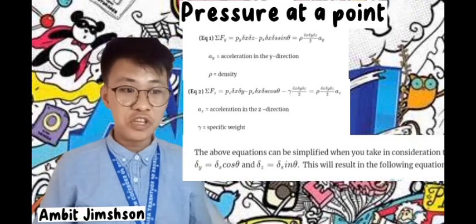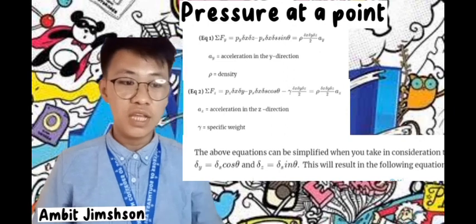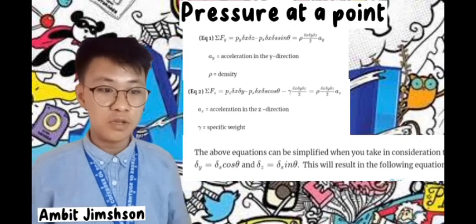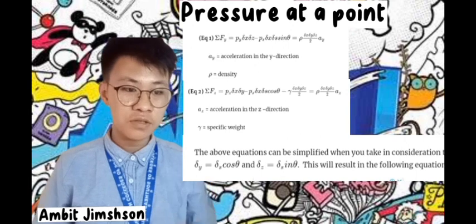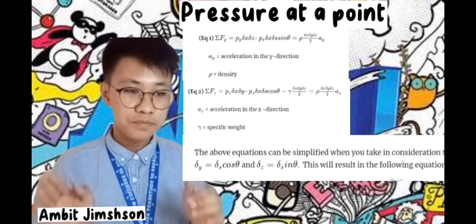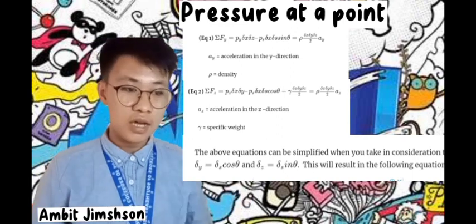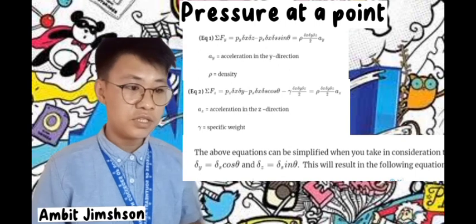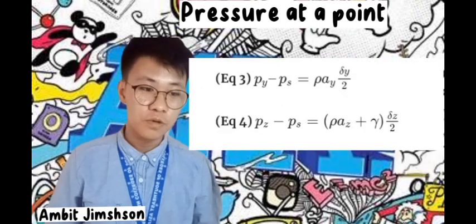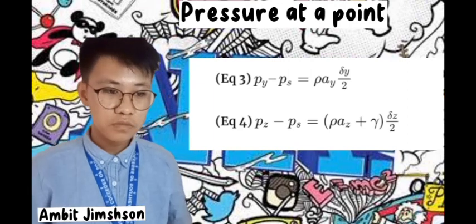So the above equation can be simplified when you take into consideration that delta y is equal to delta s cos theta and delta z is equal to delta s sin theta. So this is the result of the following equation. So we have 2 more equations here.